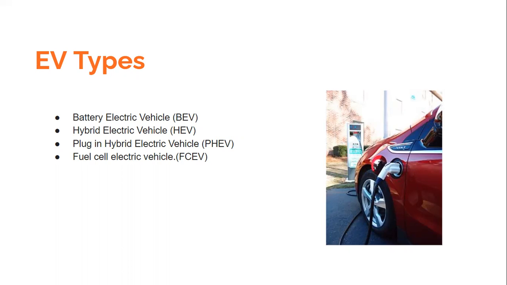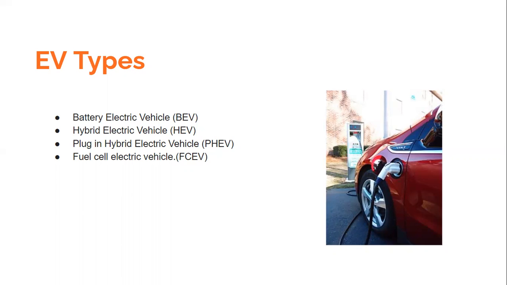EV types, the electric vehicle types, as you see on the screen, can either run solely on electric propulsion or have an IC engine working alongside it. So it means that it could be a hybrid vehicle. It could either be a completely electric vehicle or it could be a hybrid vehicle. So by combining these different drive types, one can differentiate the EV types into four broader categories.